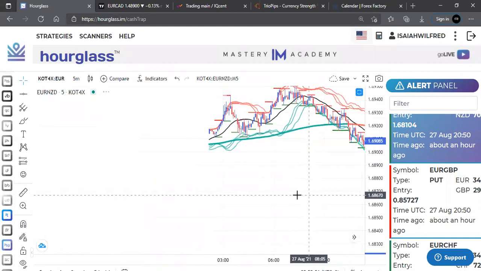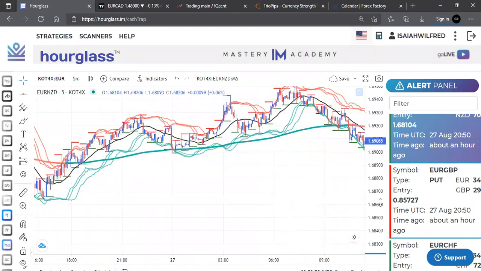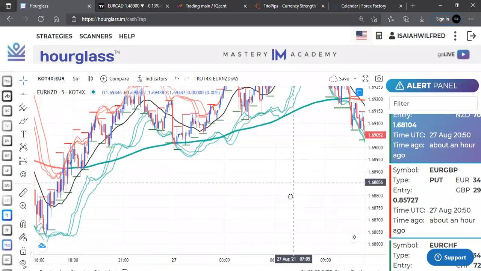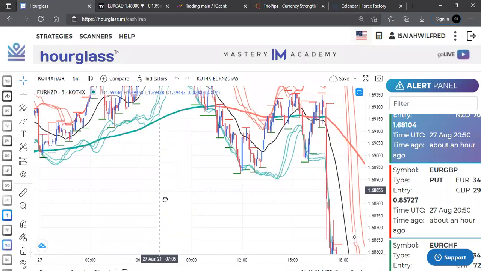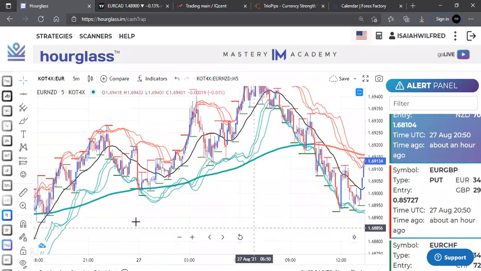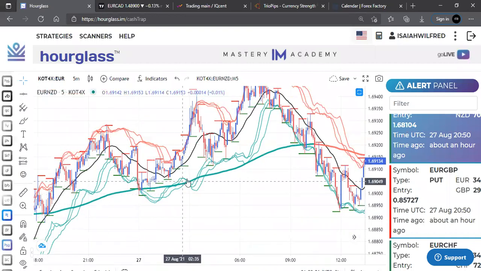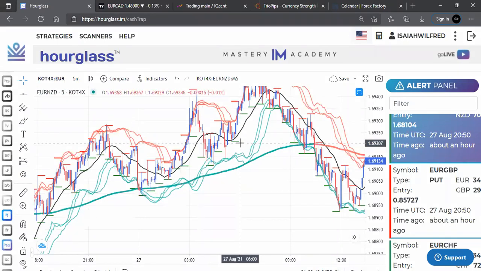Now, look at those times the EMA was green. When it was green, what am I supposed to be doing? I'm supposed to be taking buys.